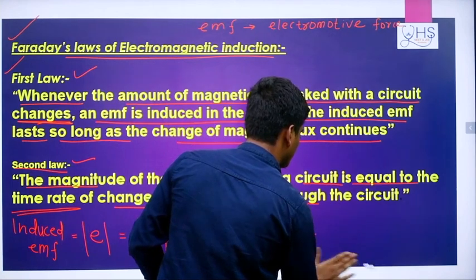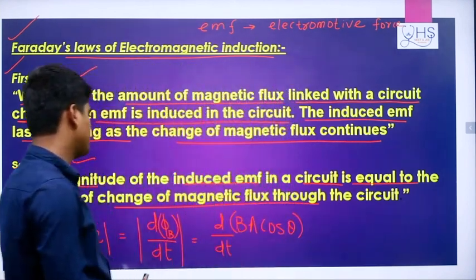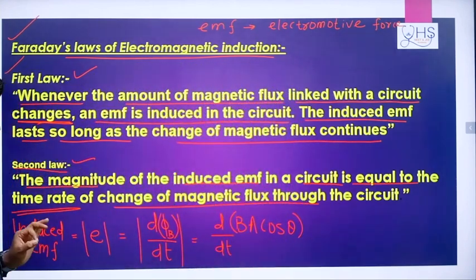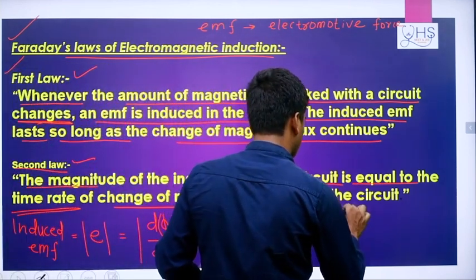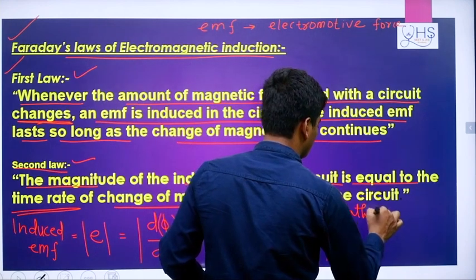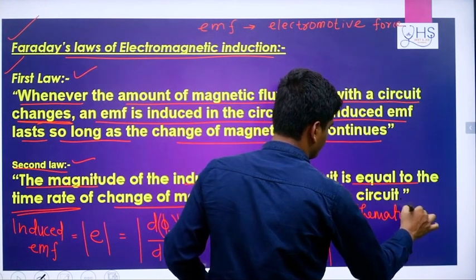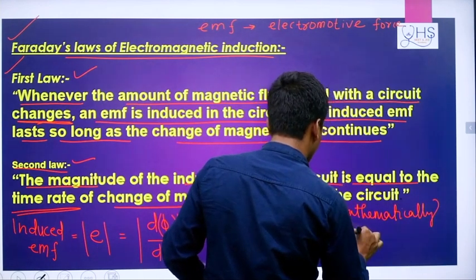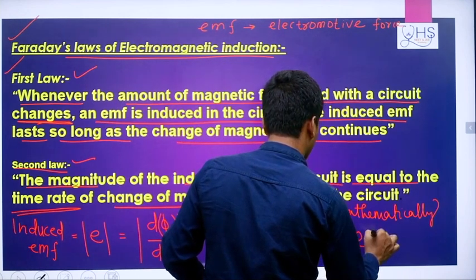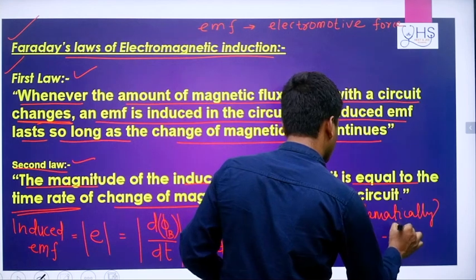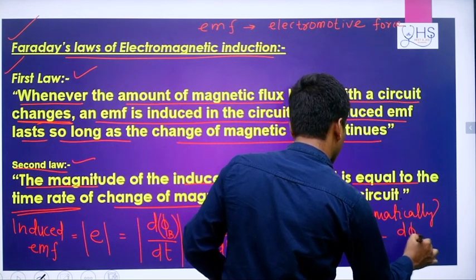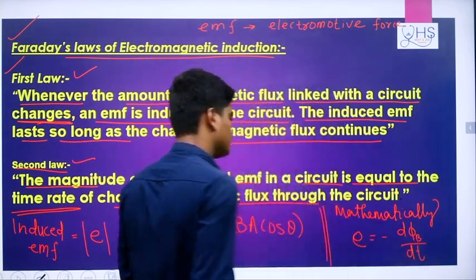But exactly, what is the law mathematically? If you want to write this law mathematically, you can write the rate of change of magnetic flux, that is d phi by dt, with a negative sign.